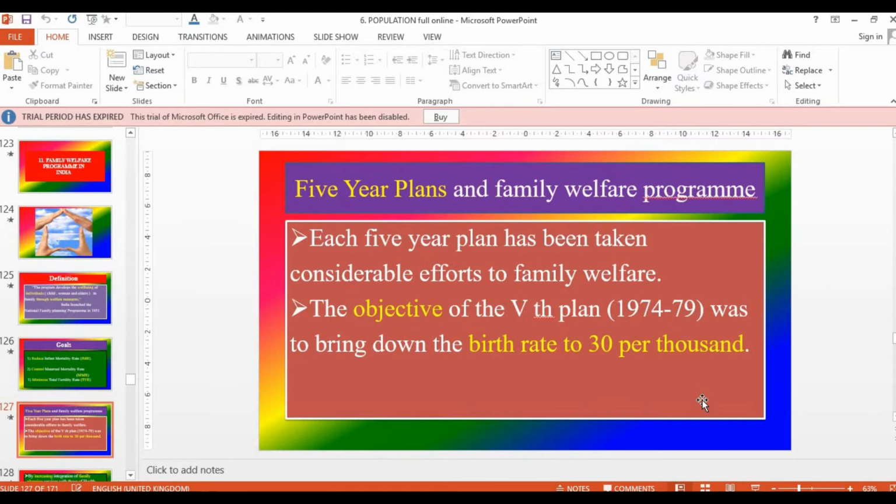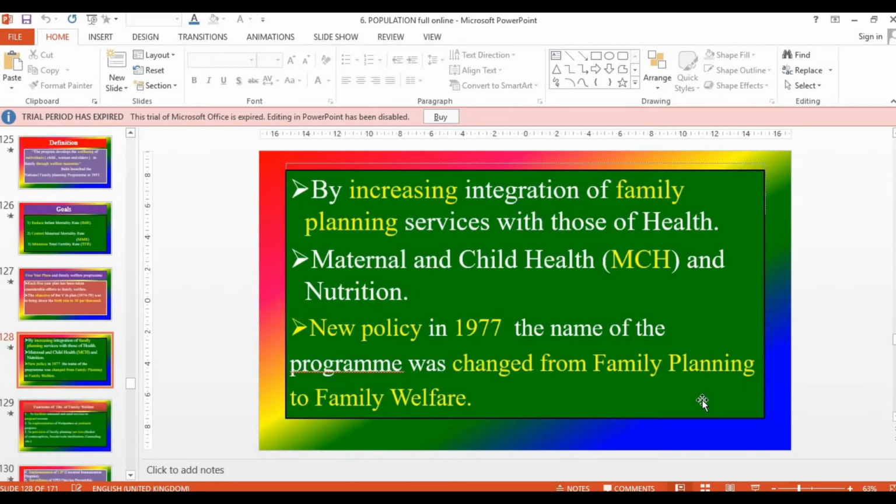For example, the objective of the 5th 5-year plan: the birth rate of 30 per 1000 should be brought down, by increasing integration of family planning services with health, mainly maternal and child health and nutrition.